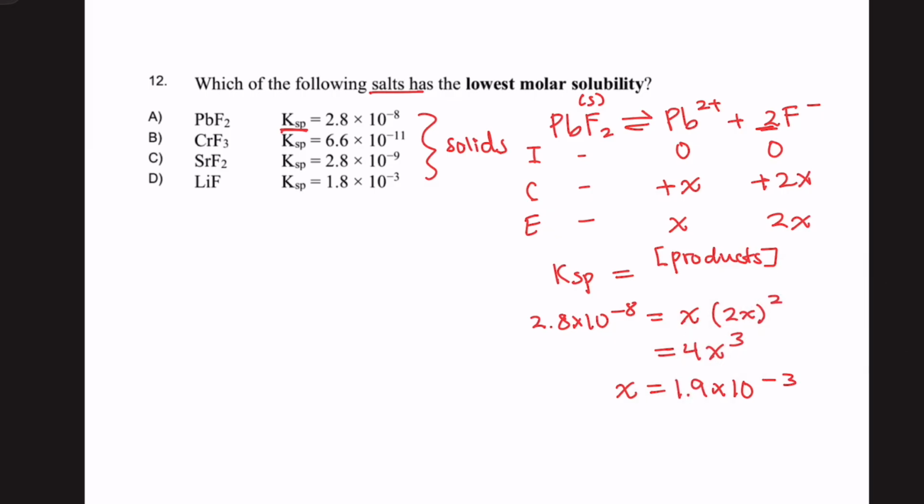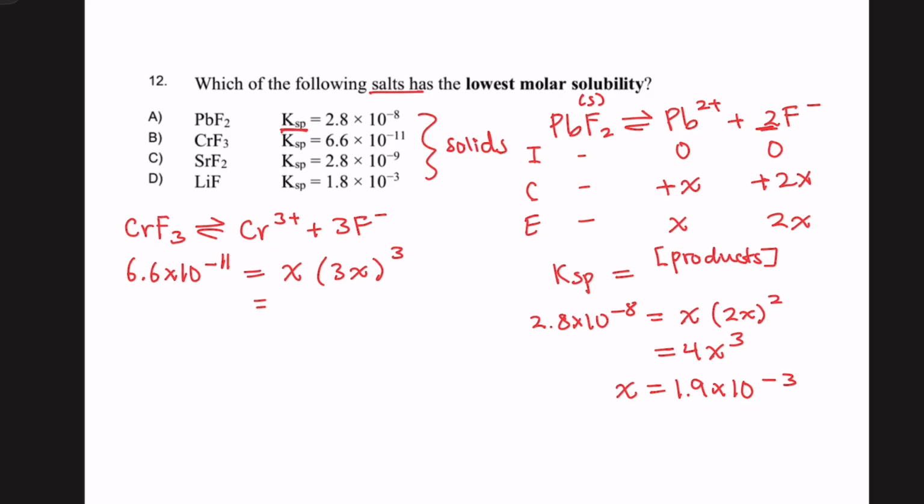And I'm not going to draw out the ice table for this, just to save space. So let's do CrF3. This is going to be Cr3 plus 3F minus. Our KSP is 6.6 times 10 to the negative 11. So for the Cr3 plus, it's going to be x. And for the 3F minus, it's going to be 3x cubed. This is 27x to the power of 4.